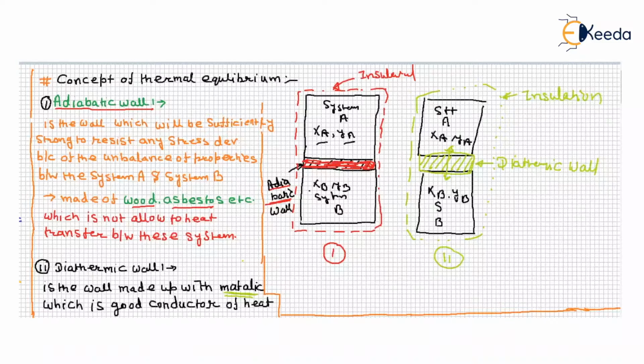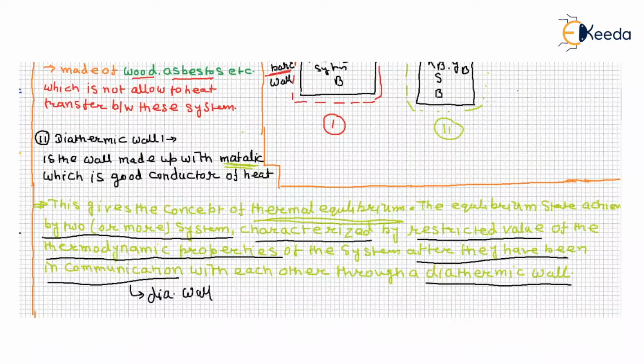That means the gradient is what? The gradient is a property. That means due to the diathermic wall we can analyze that there is a flow of heat, and that flow of heat is due to a change in the gradient. And what is that gradient? It is a restricted value of a property. That means it is the property which develops the driving force that gives the thermal equilibrium.